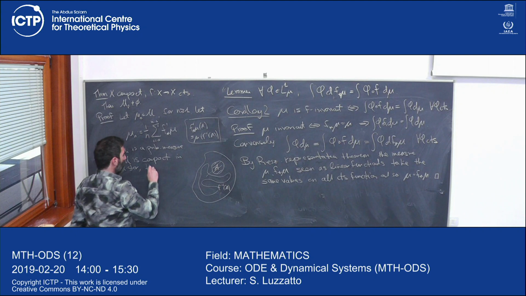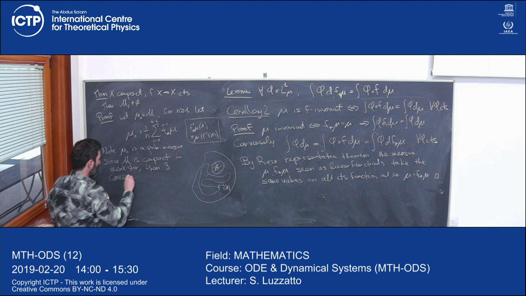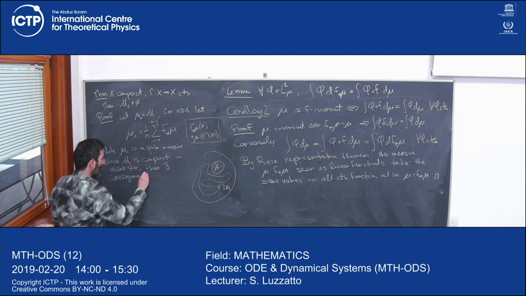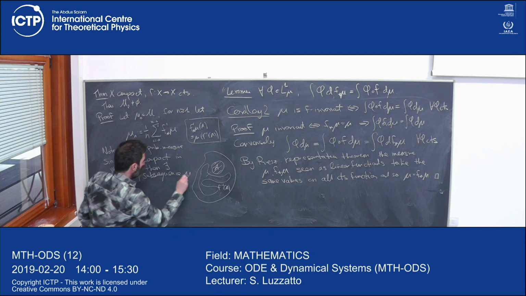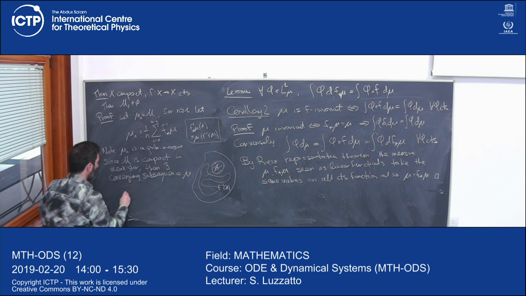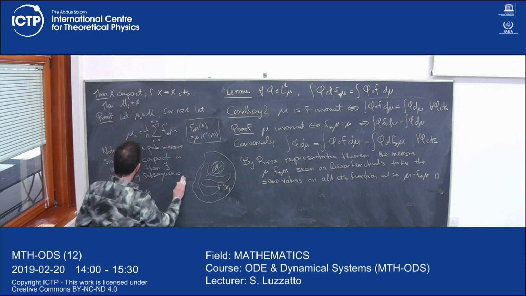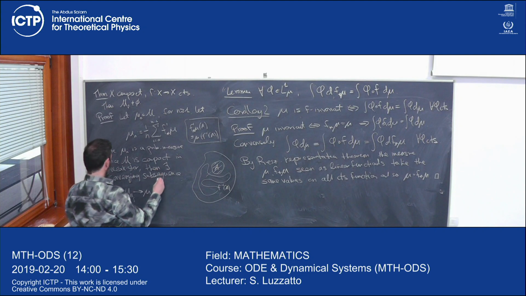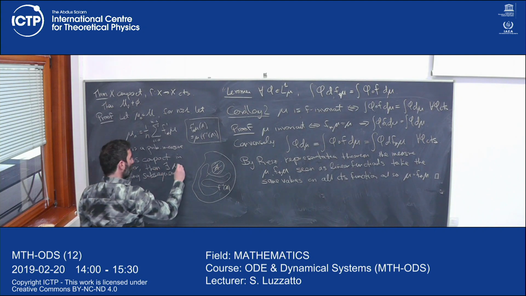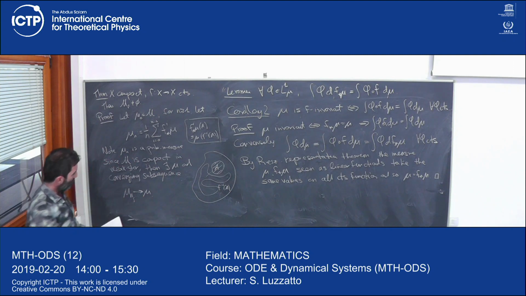Then there exists a converging subsequence. So there exists mu and a converging subsequence mu n_j converging to mu.